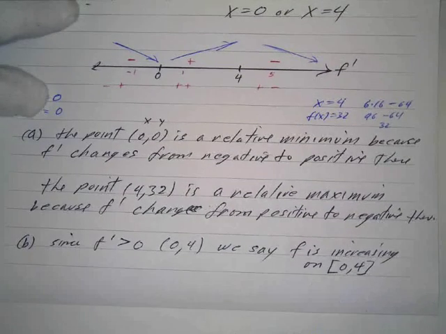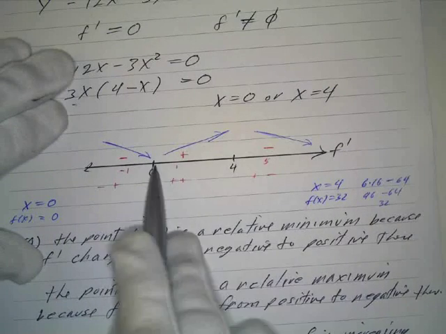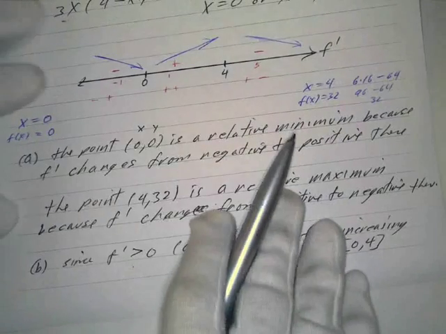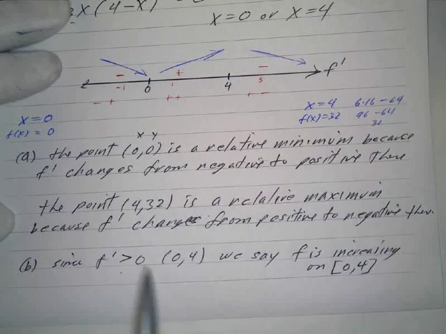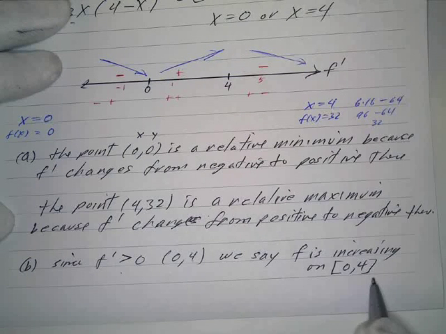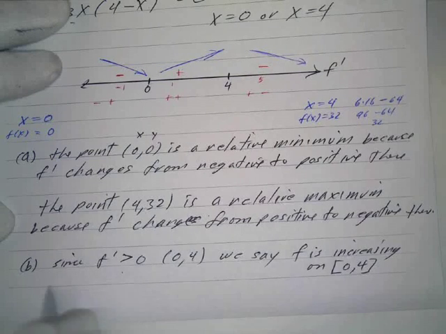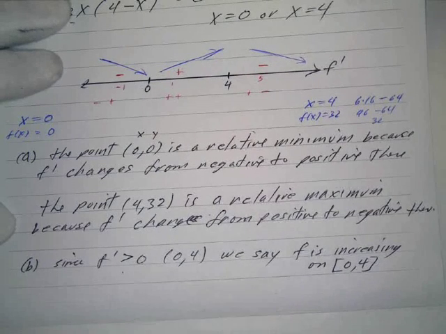So since f prime is greater than 0, you can see over there the derivative is greater than 0 on the open interval, because it's equal to 0 at 0 and 4. But since f prime is greater than 0 on the open interval, we say that f is increasing on the closed interval. You don't always have to say this. You could just say that f is increasing on the closed interval. I just wanted to bring this out because that was that corollary one that we just talked about.